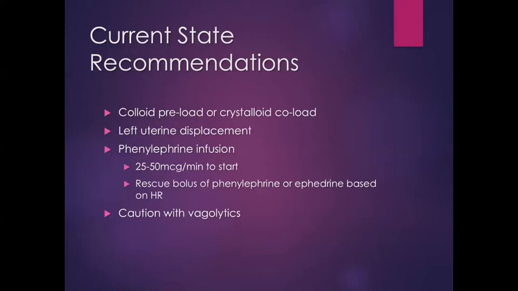And maternal heart rate is a good surrogate for cardiac output. Tachycardia, bradycardia should be avoided. And for bradycardia with hypotension, a vagolytic may be needed, but it should be used with caution because increasing heart rate and cardiac output could result in rebound hypertension.